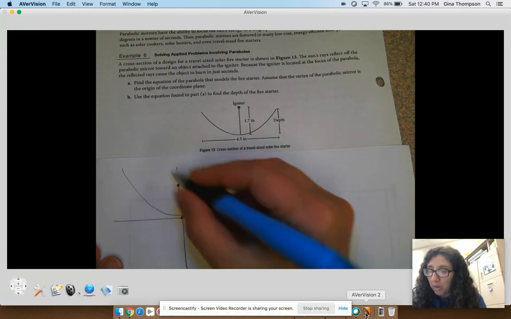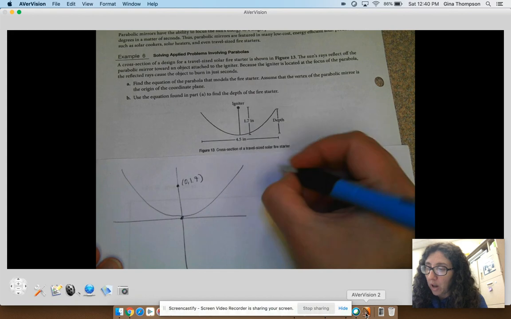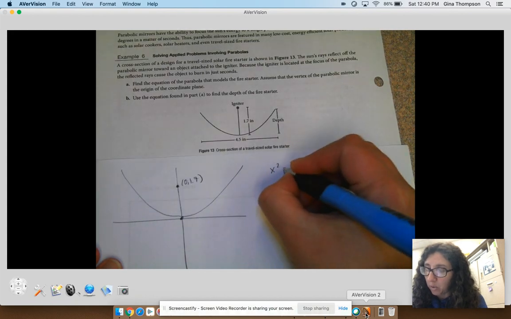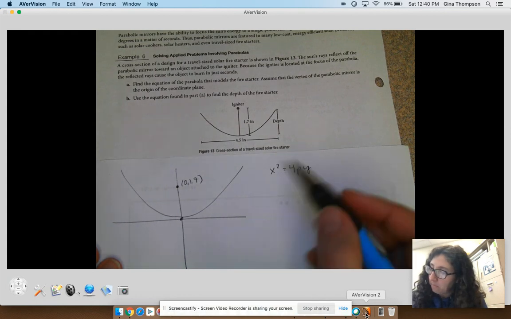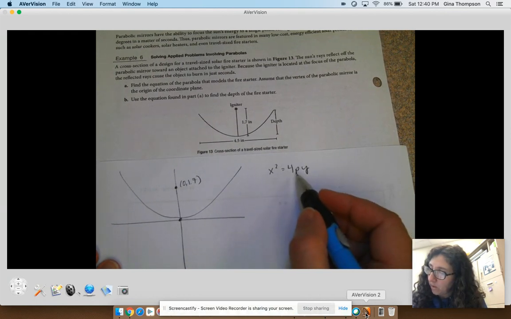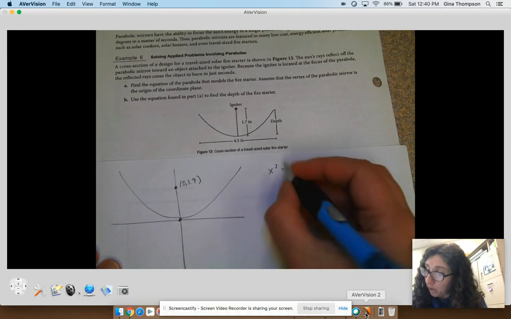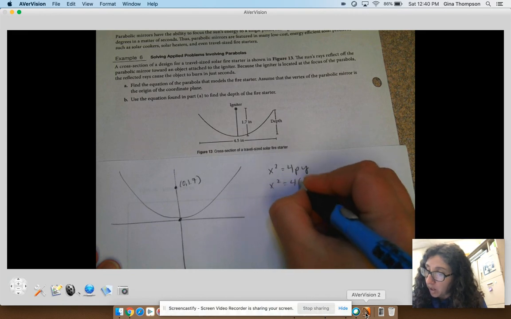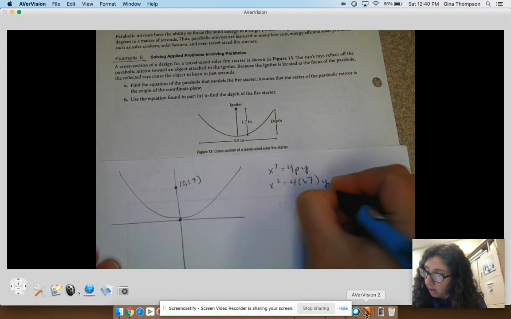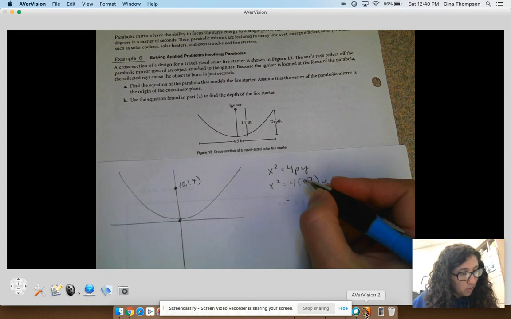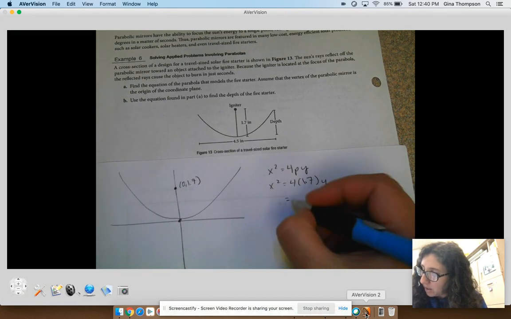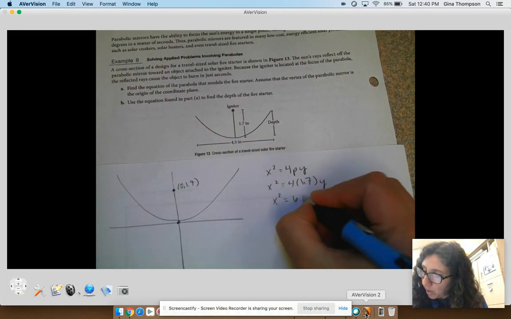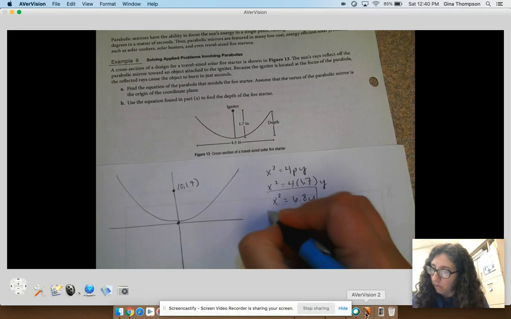Well, it's opening up, so it's going to have the form x squared equals 4py. And we know our p-value. So x squared equals 4 times 1.7 times y. 4 times 1.7 is 6.8. So x squared equals 6.8y. There's our equation for part A.